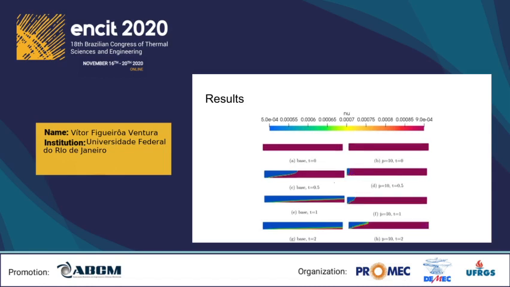Here is the result for two different pressures. The base case has a higher pressure, a 10 times higher pressure drop. So we can see that for a higher pressure drop, the restart occurs much faster. But one thing that you can think is that a 10 times higher pressure drop means a 10 times faster simulation.